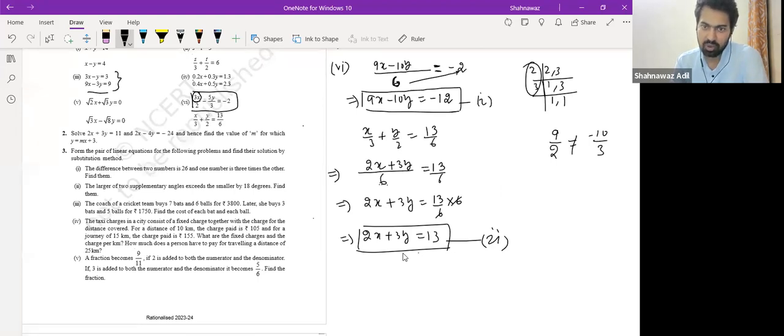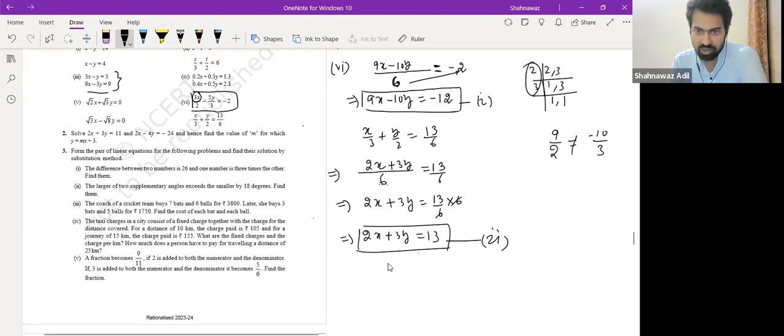We can obtain the value of y from this equation because we have big numbers here, so obtain the value of y from here.